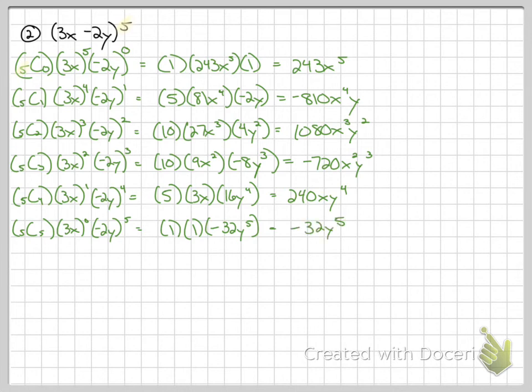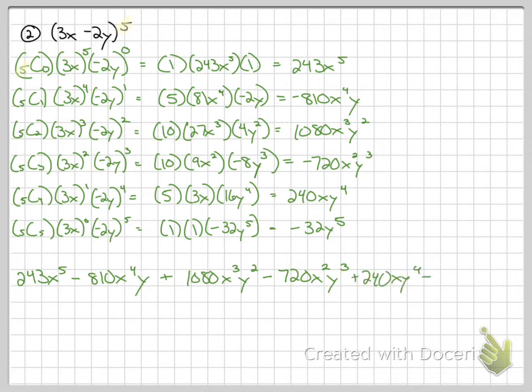So my equation is going to be 243x to the 5th minus 810x to the 4th y plus 1080 x cubed y squared minus 720x squared y cubed plus 240 xy to the 4th minus 32y to the 5th.